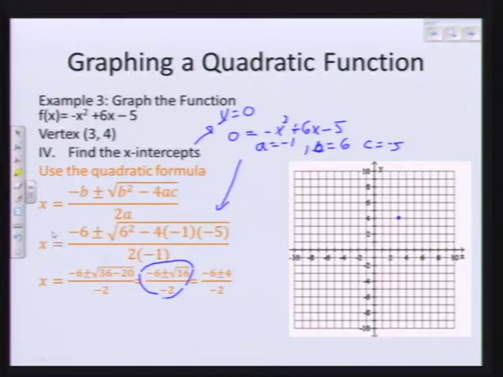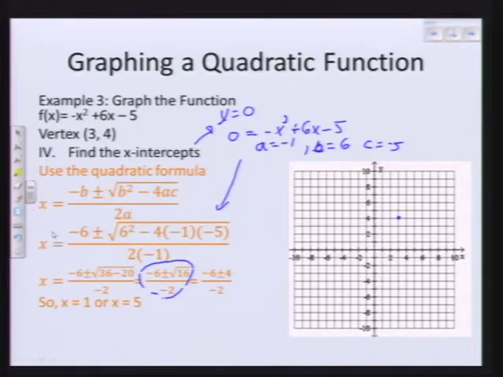So we get -6 plus or minus 4 divided by -2. When we take -6 plus 4 divided by -2, that gives us -2 over -2, or x equals 1. We take -6 minus 4, that gives us -10 over -2, and so we get x equals 5.